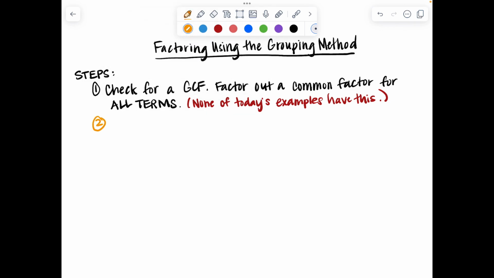Step 2 is to split the 4 terms into groups of 2. Step 3, factor out the greatest common factor for each pair.